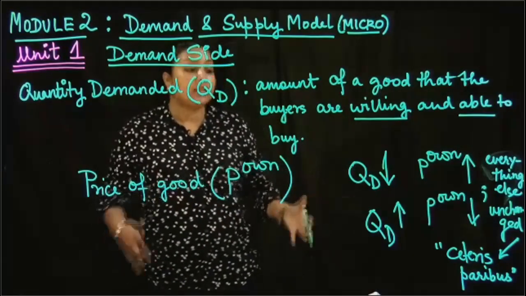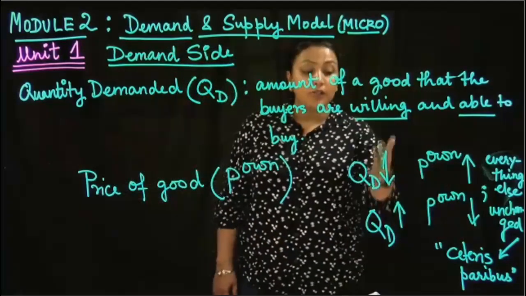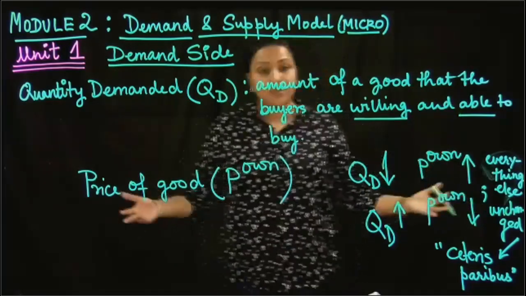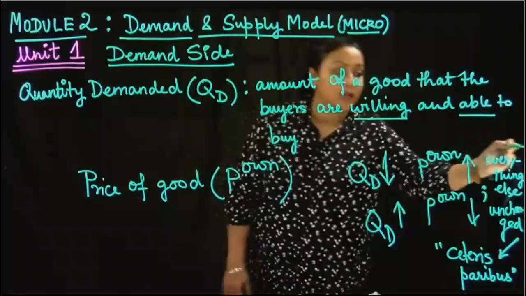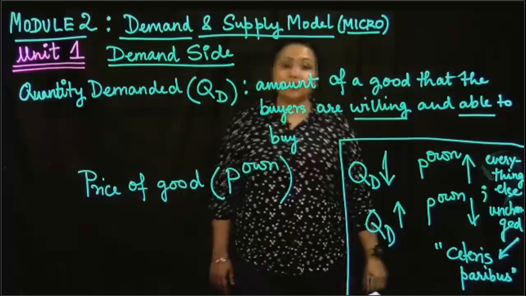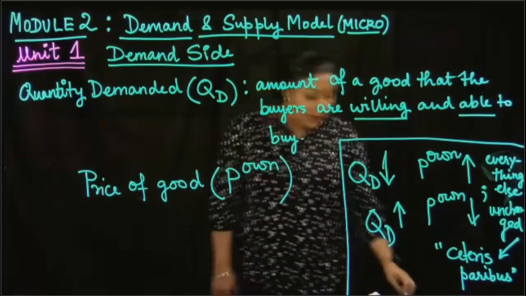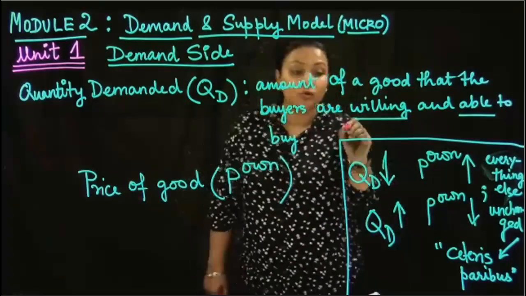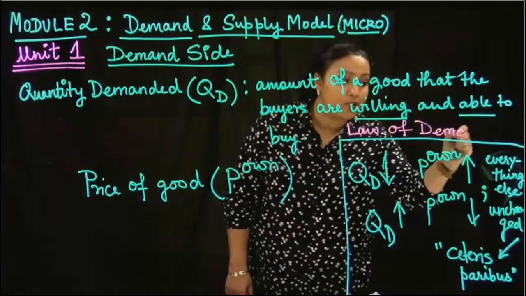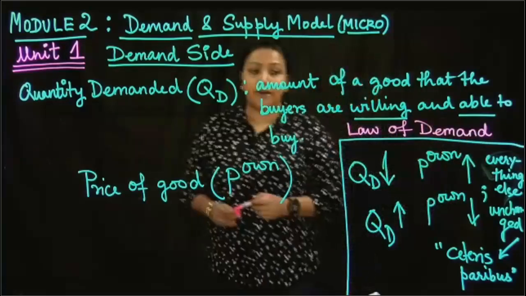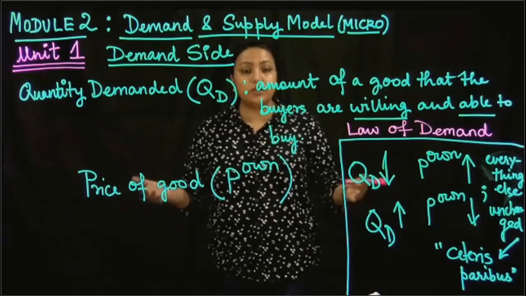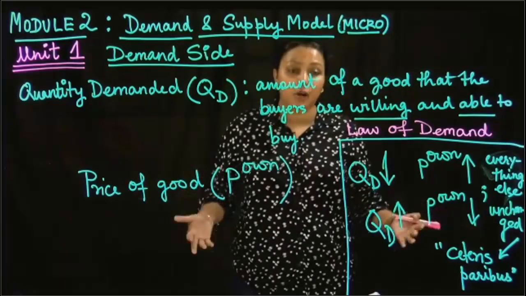So I could say that ceteris paribus, quantity demanded decreases as price of the commodity increases, and vice versa. Now this inverse relationship between quantity demanded and the own price of the commodity when everything else stays unchanged is also known as the law of demand. So this is the formal statement for the law of demand. The law of demand is nothing but the inverse relationship between quantity demanded and own price of the commodity given the ceteris paribus condition.